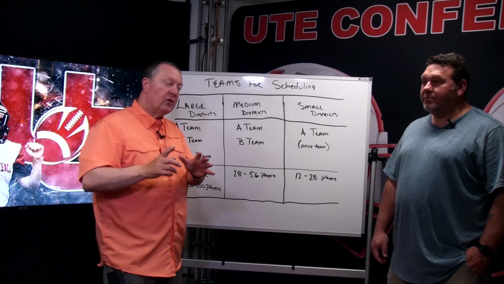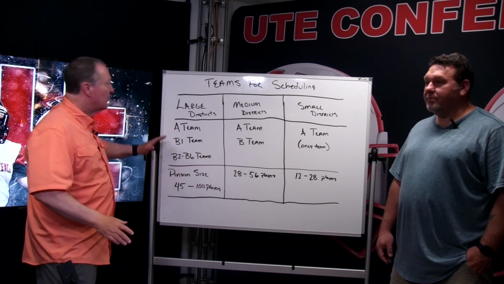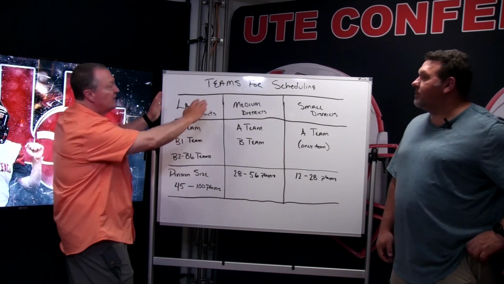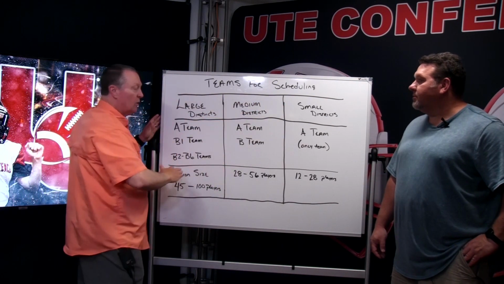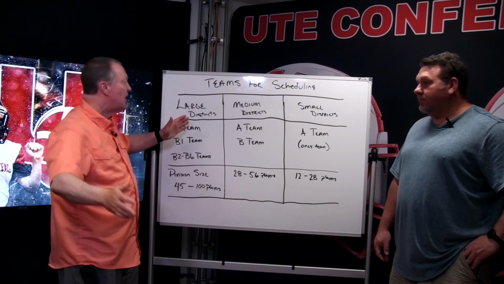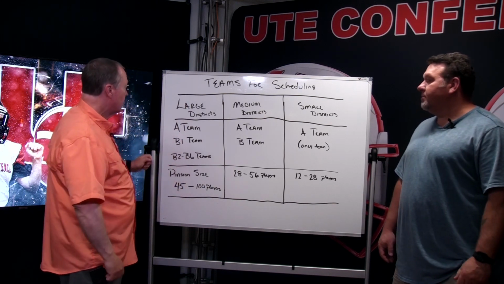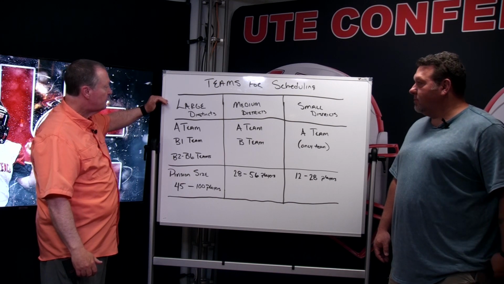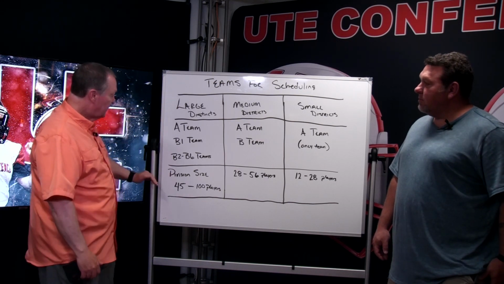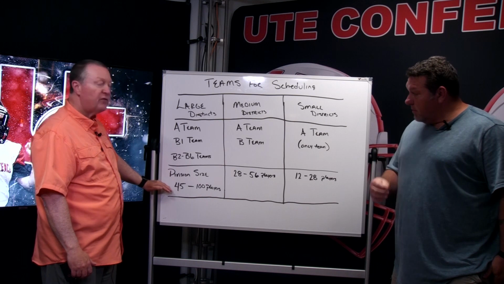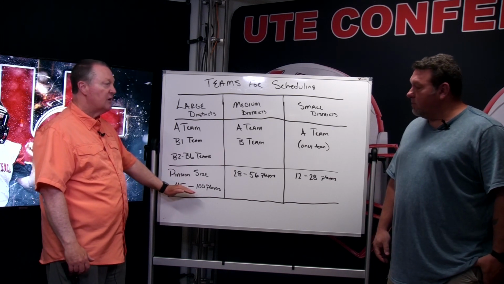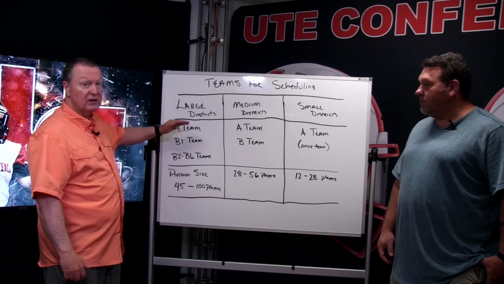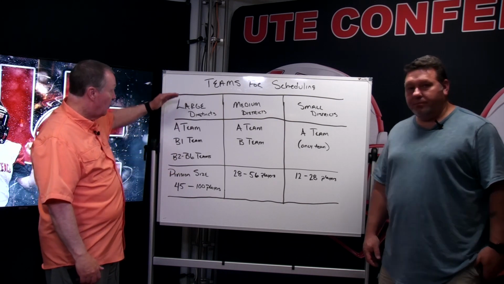So, back to the context part. If we look at this board, we've got teams for scheduling. And so we're going to say, hypothetically, we have 70 teams in this division. So our large districts, we're going to start with them. Our large districts, they can have 45 to 100 players, maybe even more than 100 players in a division. An age group. Yep. In one age group.